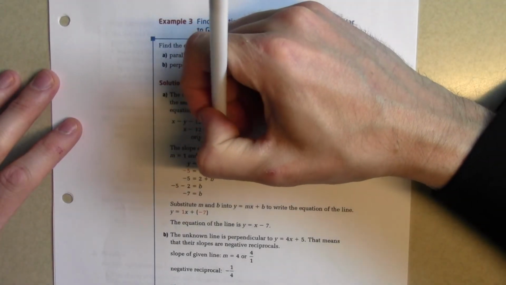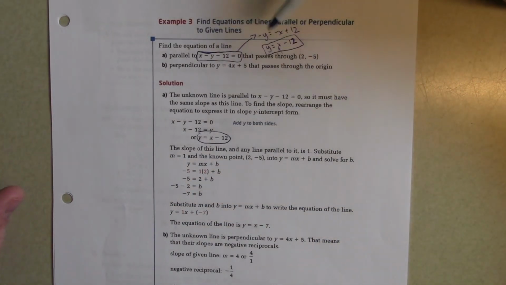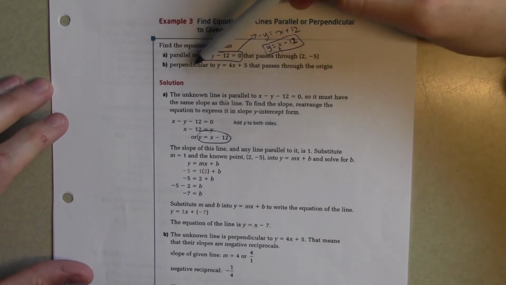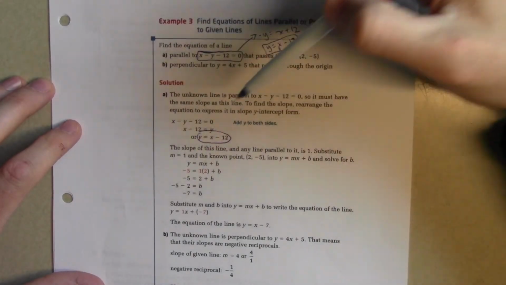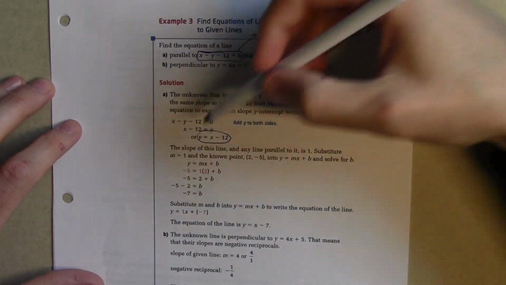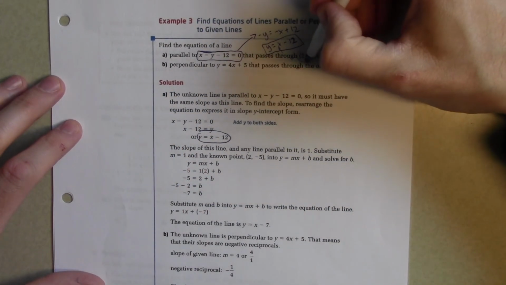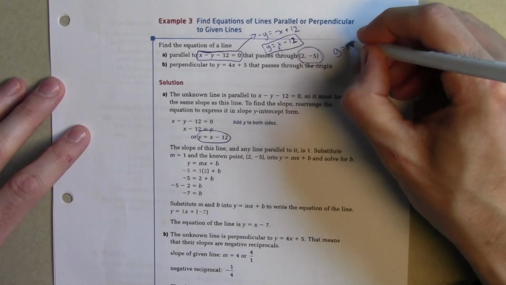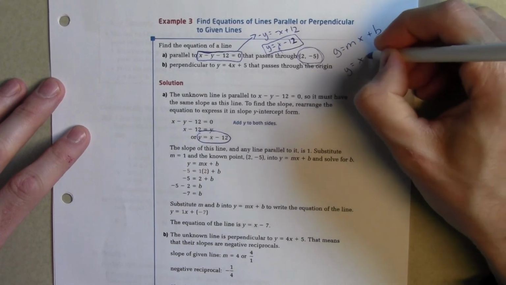So there's our equation of the line. And now we're told to find the equation of a line that's parallel to this and passes through this point. So we know it's parallel, so the slope of our new line is going to be 1, but it also goes through this point. So we're not done. We need to use this point and our standard form of a line where the slope is 1.